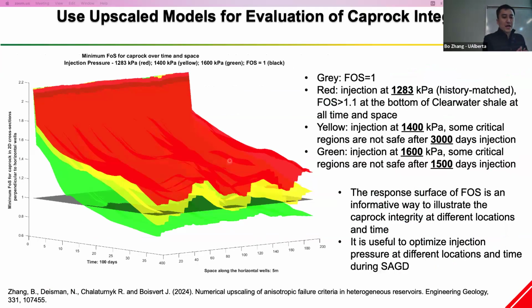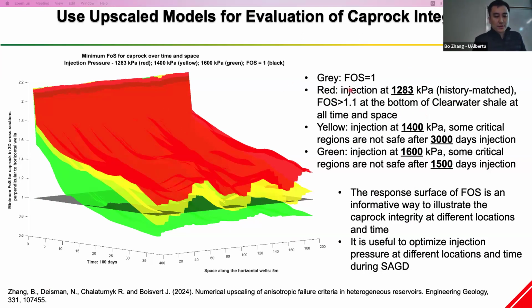By using these upscale models, it is also possible for us to run a lot of simulations with different injection pressures. As we can see here, we have a gray plane, which is a factor of safety equal to 1. Then this red response surface shows injection at the operating injection pressure, which is history matched.